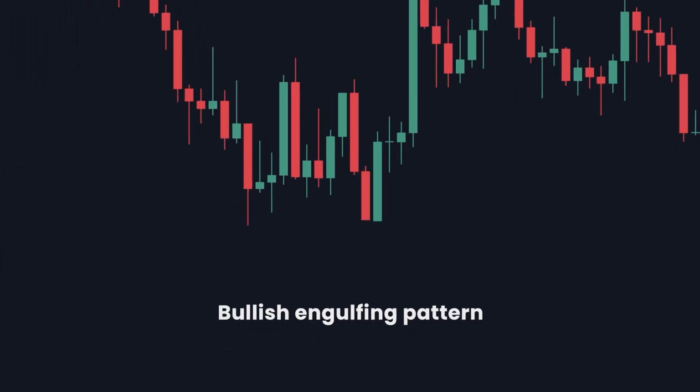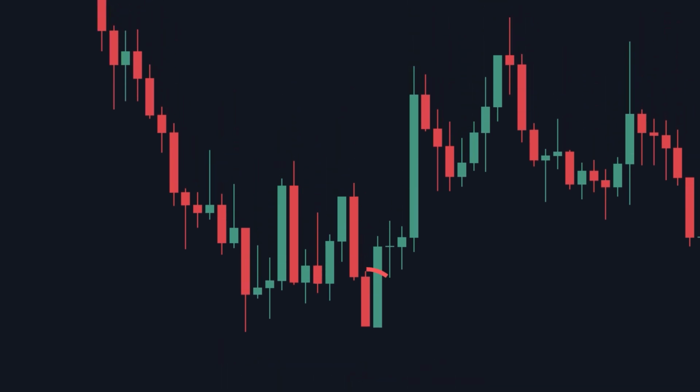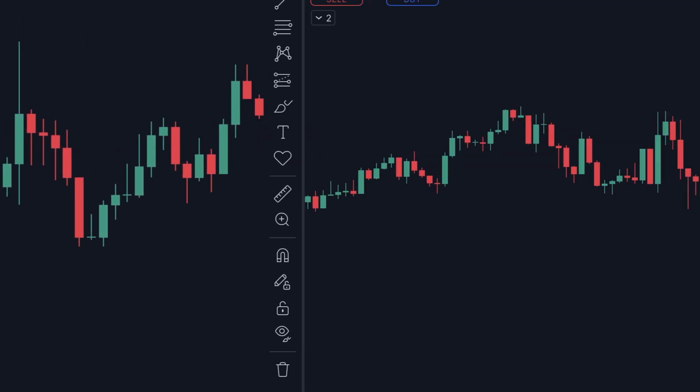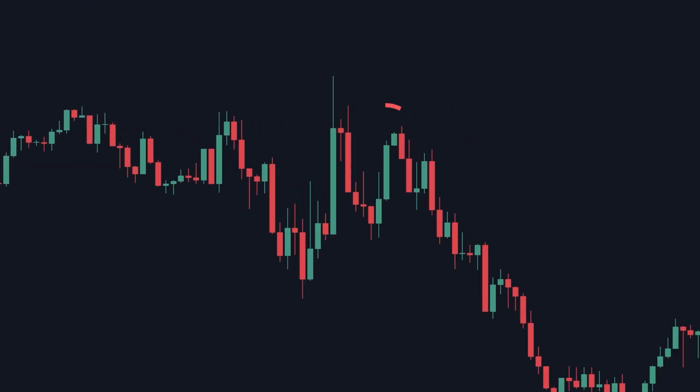In a bullish engulfing pattern, the first candle is red, representing selling pressure, while the second candle is green and much larger. This shows that buyers have taken control, reversing the prior downtrend. Conversely, a bearish engulfing pattern occurs when the first candle is green, followed by a larger red candle that completely engulfs it, signaling that sellers have overwhelmed buyers.